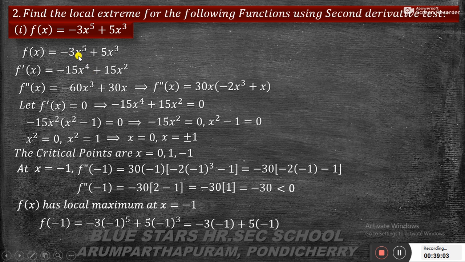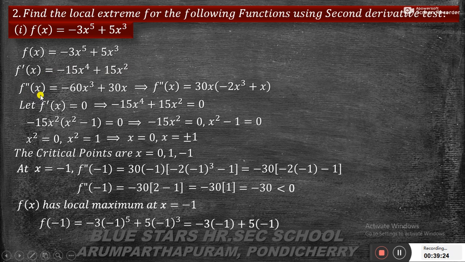So minus 3 into 5 into x power 4 is minus 15x power 4, plus 5 into the derivative of x cube, which is 3x square, so 15x square. So f dash of x equal to minus 15x power 4 plus 15x square.